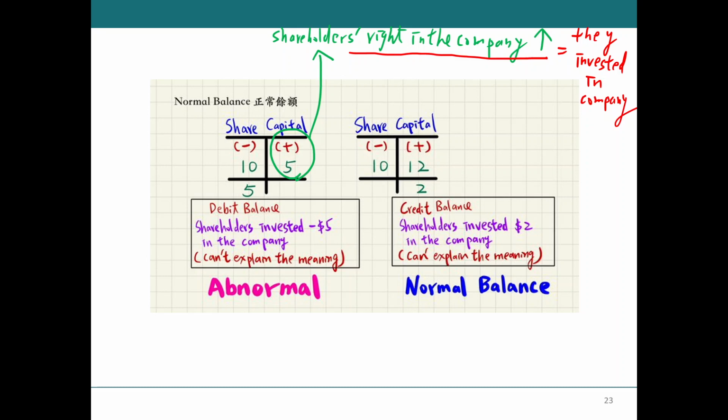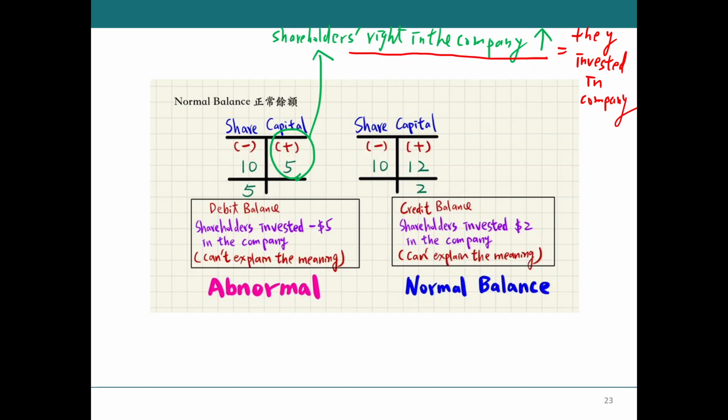So what does it mean when share capital decreases? They don't want to become your shareholders. They take their money away. Sometimes you hear in the news, someone buys the shares, 买股票, someone sells the shares, 卖股票. If you buy the shares, you put the money in the company and you become a shareholder. Could you sell the shares?